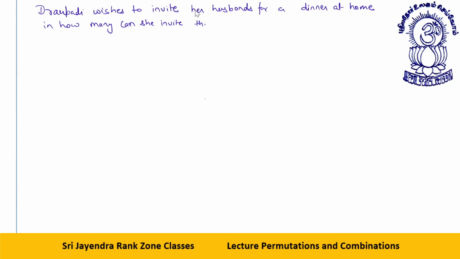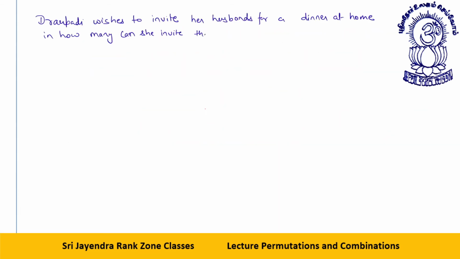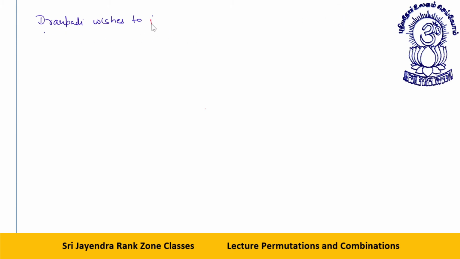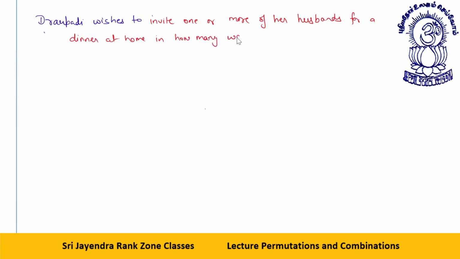Draupadi wishes to invite one or more of her husbands for a dinner at home. In how many ways can she do so?